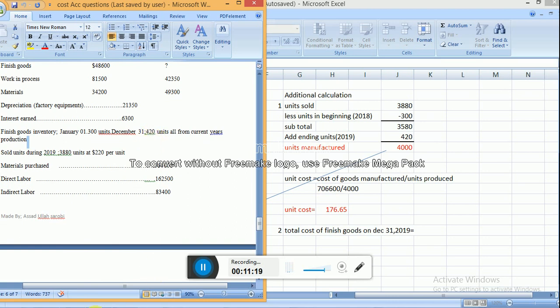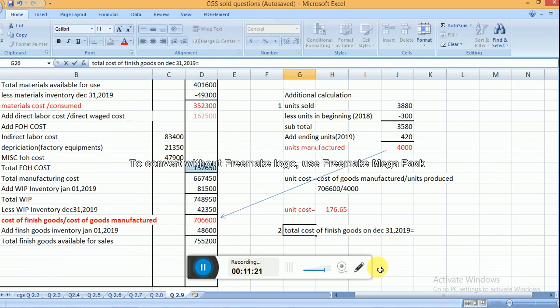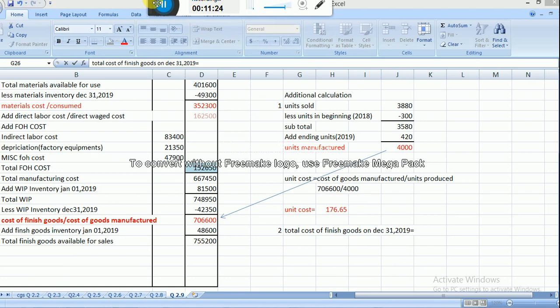So we can find their cost according to the formula: total cost of the finished goods on December 31st is the ending finished goods. Clear?